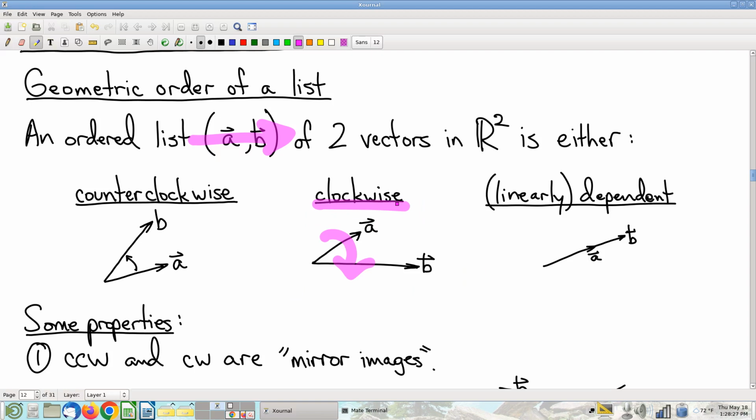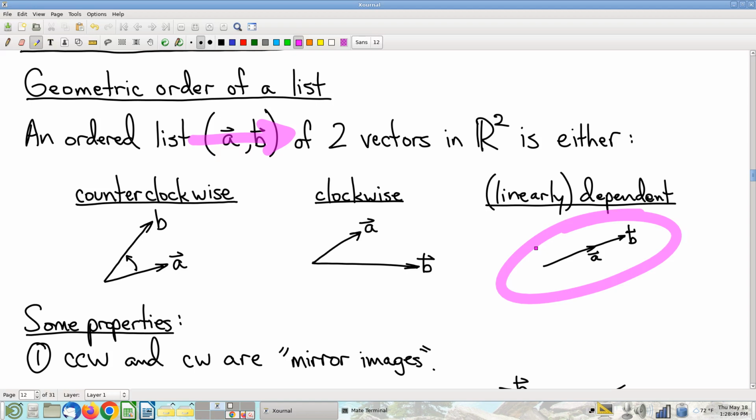Now there's a collection of other cases that are all kind of annoying. The vectors could be pointing in the same direction, in which case it's neither clockwise nor counterclockwise. They could be pointing in exact opposite directions, in which case it's really neither.